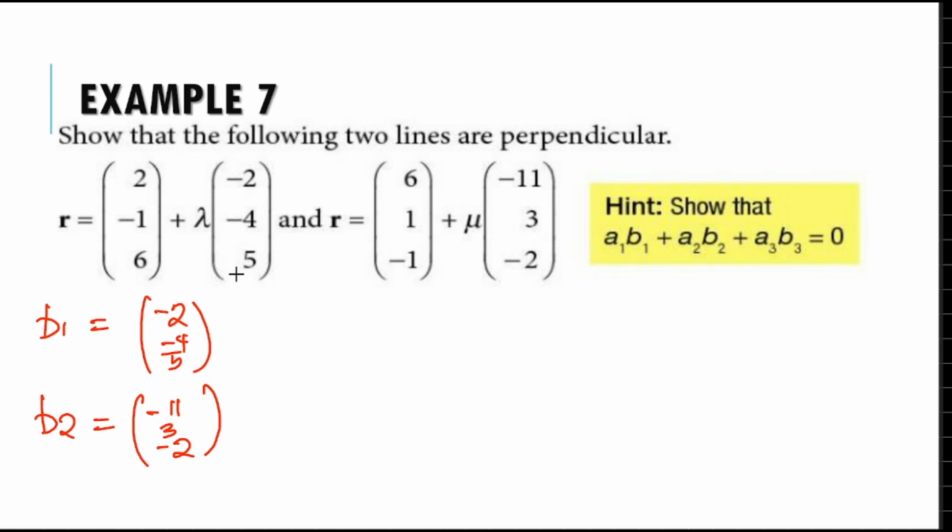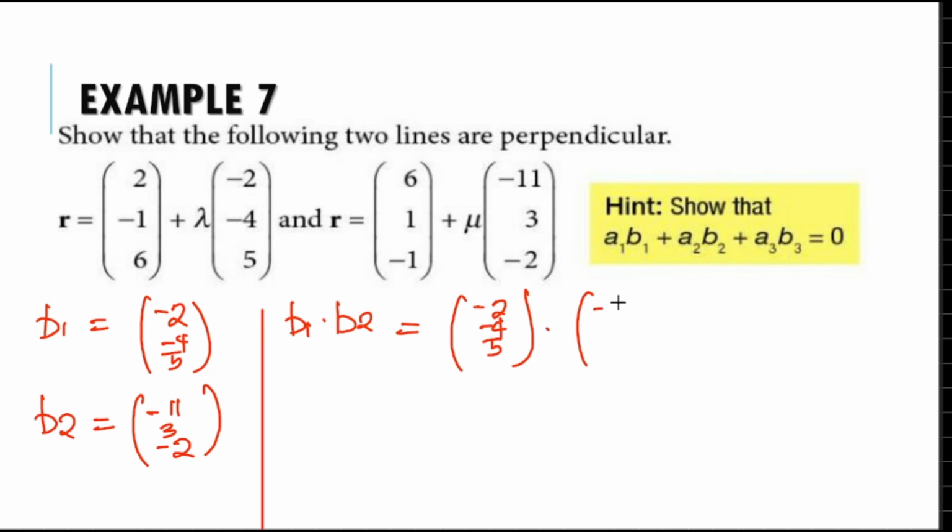Remember, for lines we use the direction to calculate the angles, not the points. So here we have b1 dot b2 equals minus 2, minus 4, 5 dotted with minus 11, 3, minus 2.